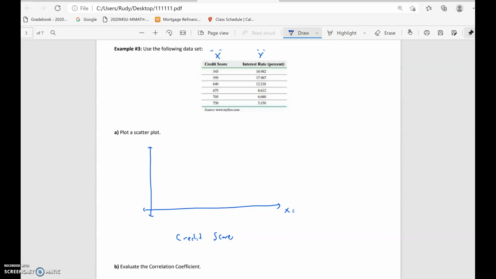Your x's represent a credit score, and your y represents the interest rate. On the y's, since it goes to 18, I'm going to go by 5s. So in this case, this will be 5, 10, 15, and then 20.